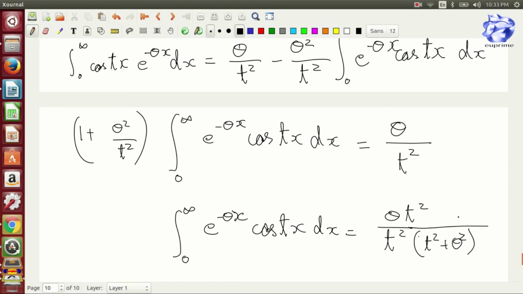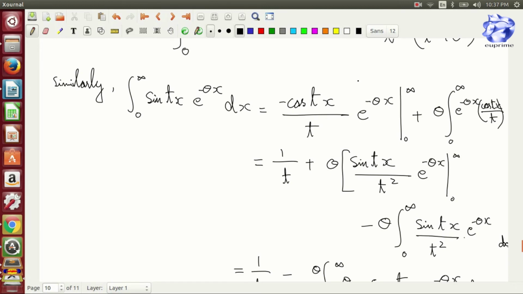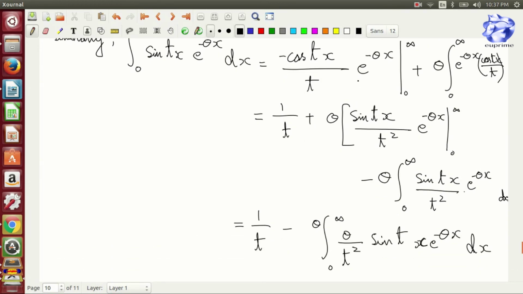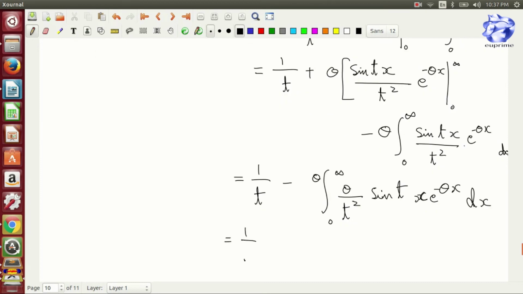So we get this integration term as theta by theta square plus t square. Similarly, we will find the value for the integration of sin tx e to the power minus theta x, which we get as t by theta square plus t square.